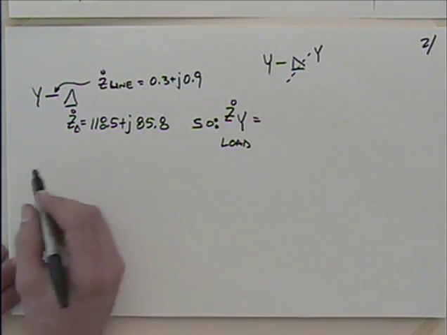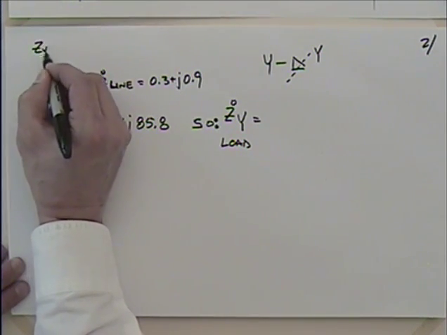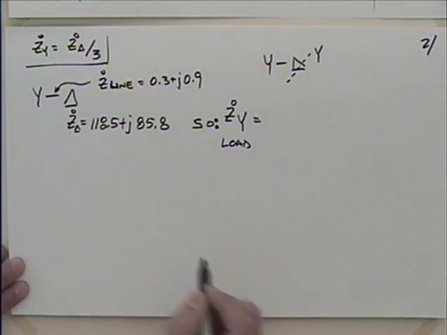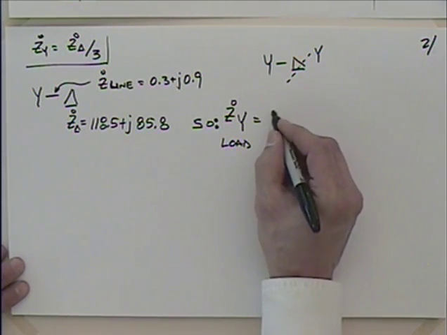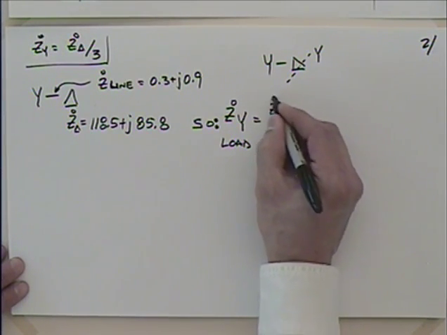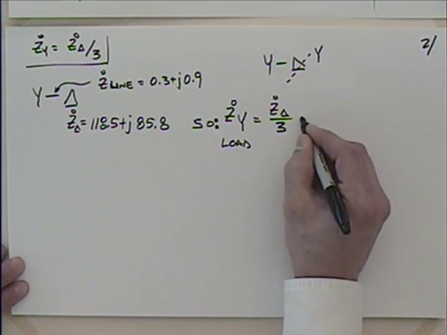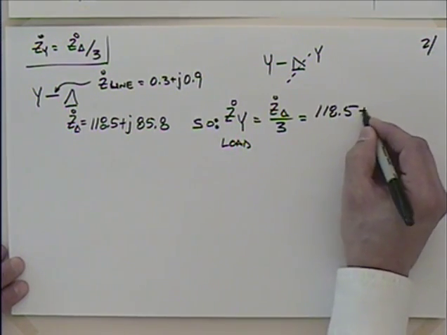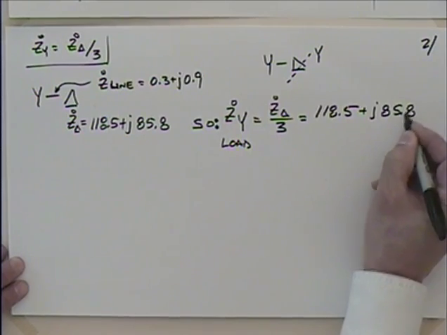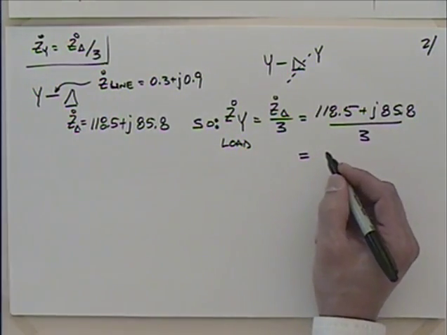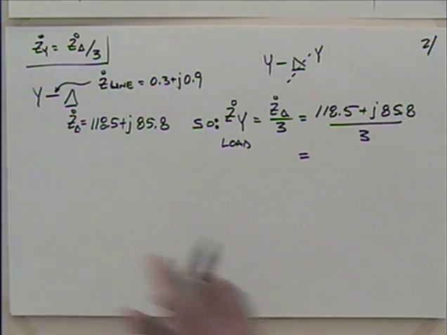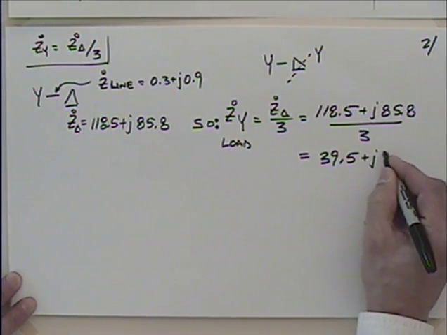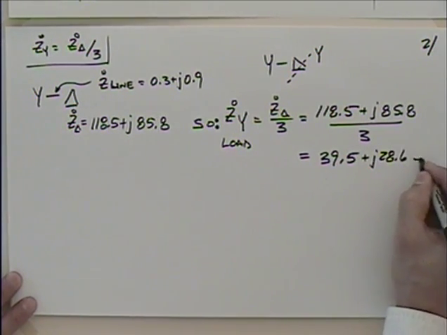Remember we had the expression that Z_Y is equal to Z delta divided by 3. That was our general expression that we had last time. So I'll take this Z delta and divide it by 3. So I take 118.5 plus j85.8, divide that by 3, and that gives me 39.5 plus j28.6, and that would be ohms per phase.